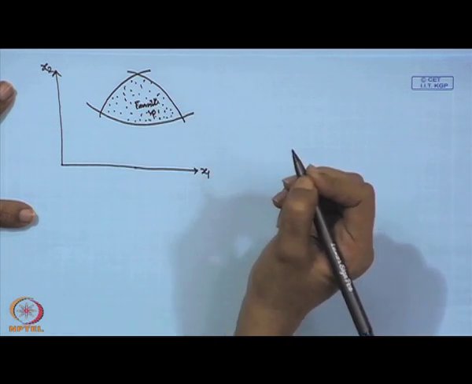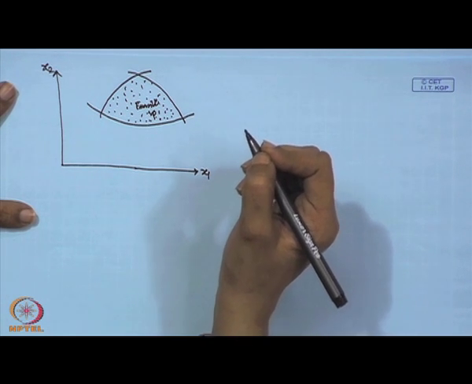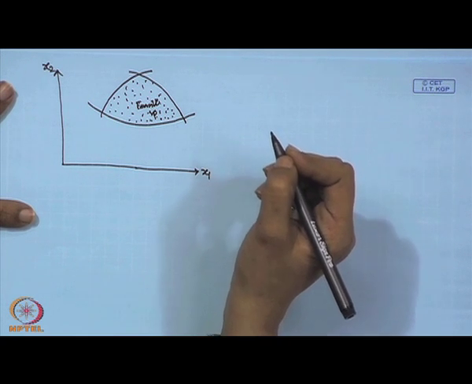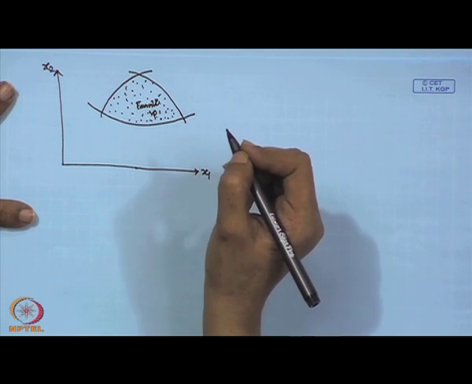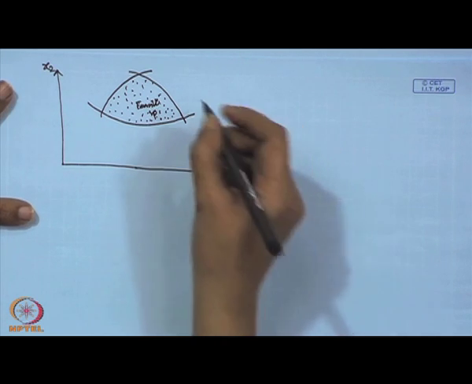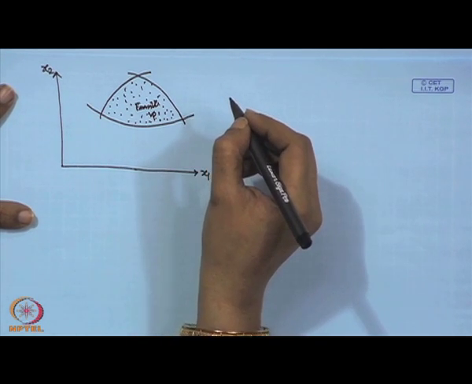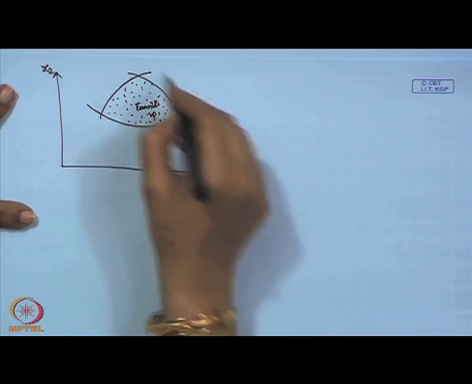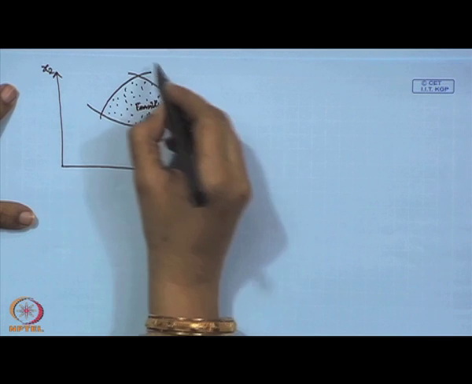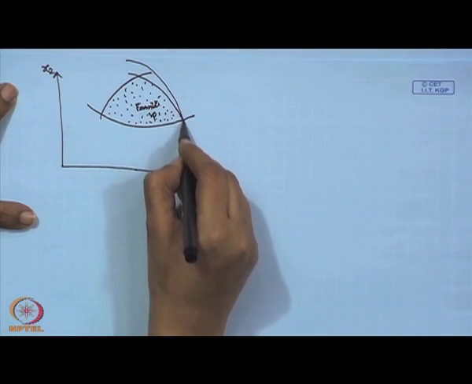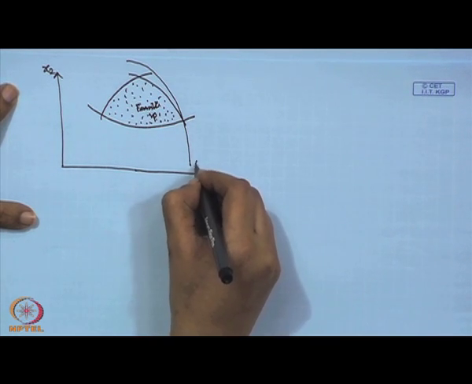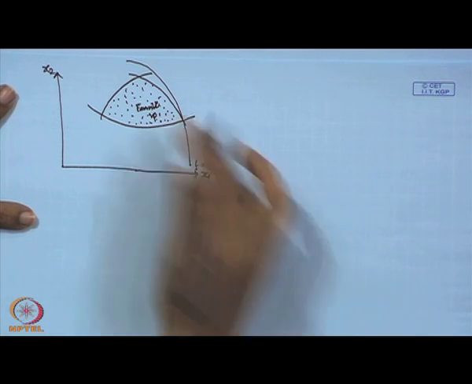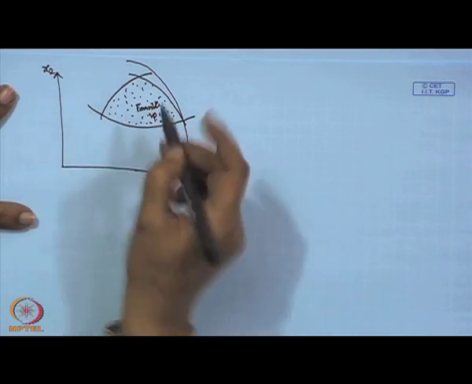Now, we have a function which has to be optimized. Let us consider the minimization of the objective function, where the objective function is a circle. For different values of the function, it takes different places in the feasible space. This is one place where the functional value f is equal to, say, C1, which is a part of the circle.